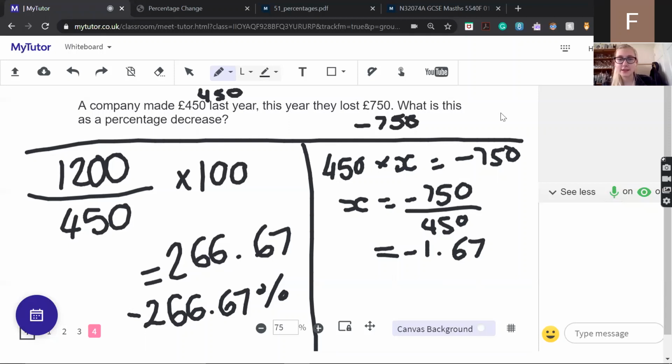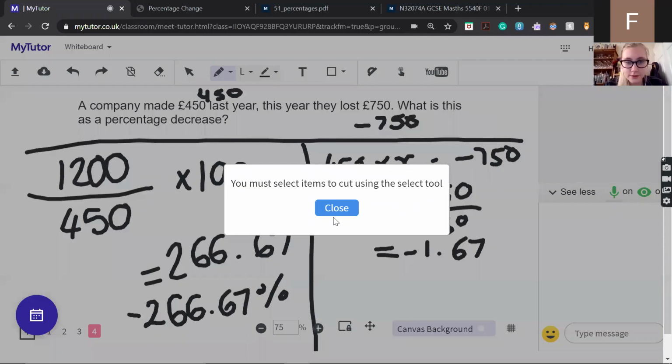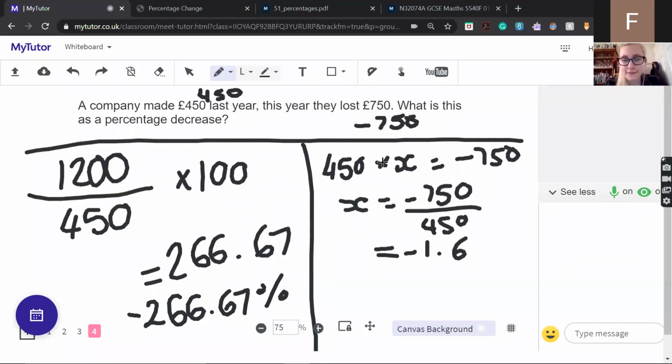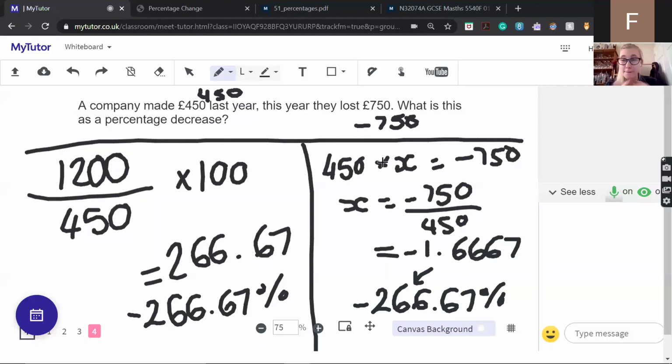That makes sense. I really should have done this to more decimal places here. Oops, to get it to the same. And then this translates to a minus 266.67%. I'd say method A is probably easier for percentages greater than 100 in these cases. These are as hard as it gets in terms of just these straight calculating percentage increase and decrease.